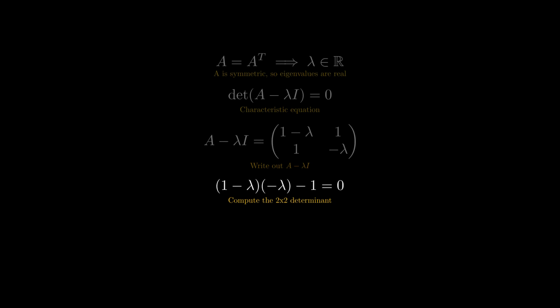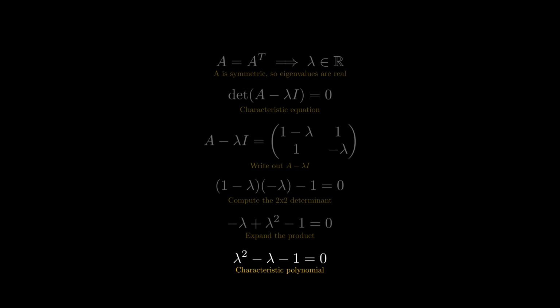Its determinant is (1 minus lambda) times negative lambda minus the product of the off-diagonal ones. Expanding gives negative lambda plus lambda squared minus 1, which simplifies to lambda squared minus lambda minus 1. Setting that equal to 0 gives the characteristic equation lambda squared minus lambda minus 1 equals 0.